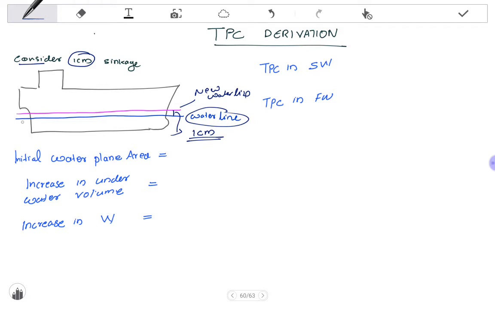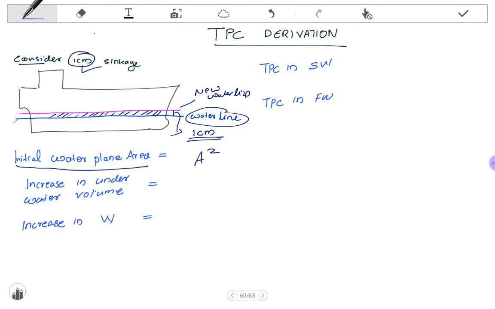Let's assume the initial water plane area of the vessel is a square. Since the vessel sinks by 1 centimeter, there will be a change in volume. The underwater volume of the ship will increase, because the vessel is sinking.